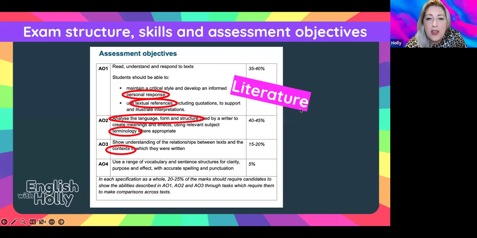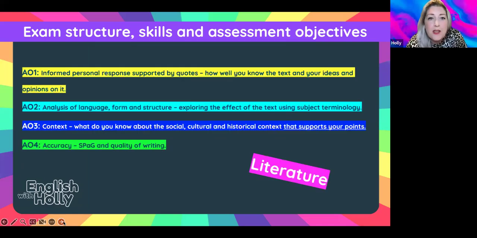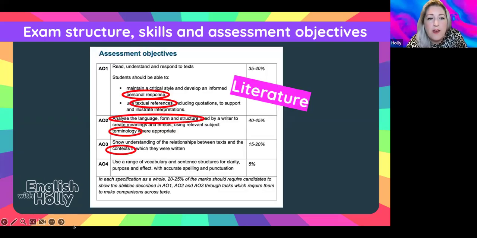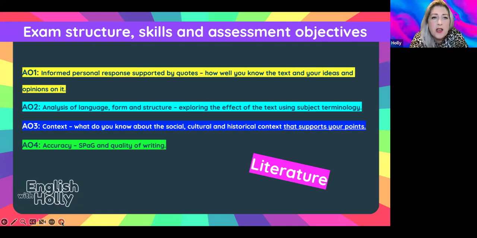So I've just highlighted here the key vocabulary, because I think this helps us better understand what is being assessed in the exam. So AO1, they're there. This white bit is linked in the document, so you can have a look at that if you want to.